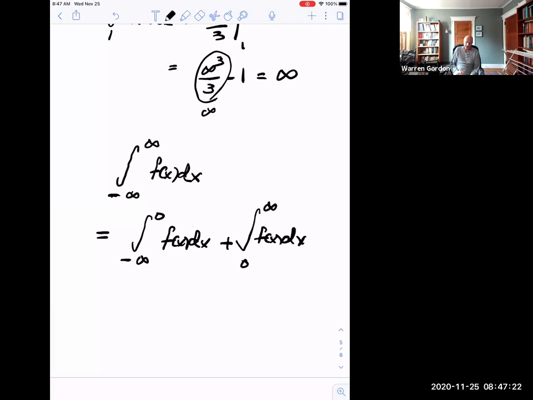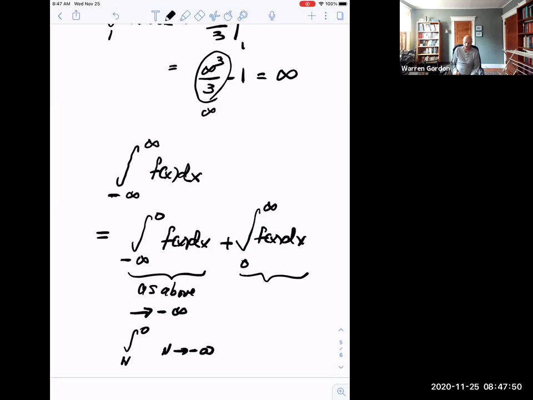Okay, now these are 2 problems I just showed you how to do. So if you wanted to do this problem, you work it out as above. And you see what happens as we go to minus infinity. So technically you would work this one out as, say, from n to 0, and then let n approach minus infinity.